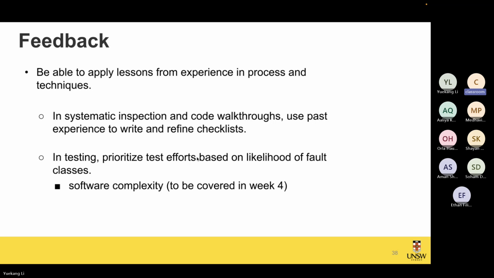Another is if a piece of code is very complex, then it is more likely to be buggy, right? Then we can also try to prioritize our testing effort there. And we will learn more about different metrics for evaluating software complexity in week 4.